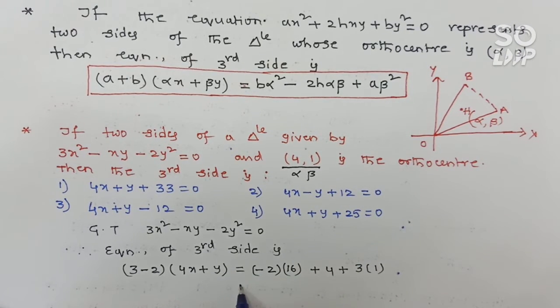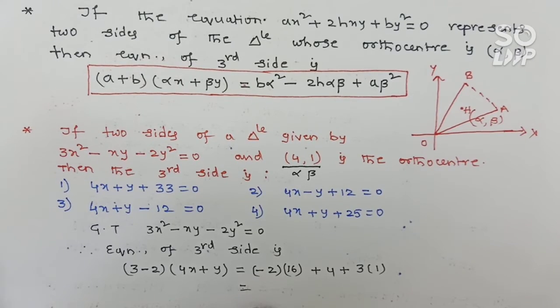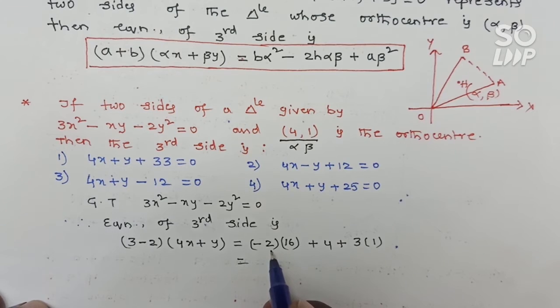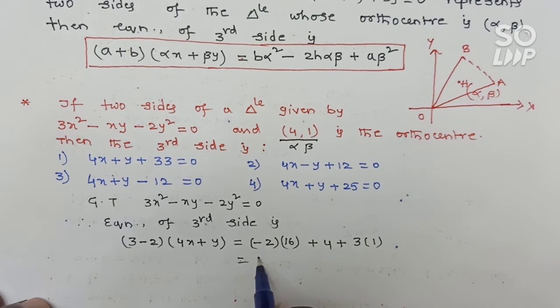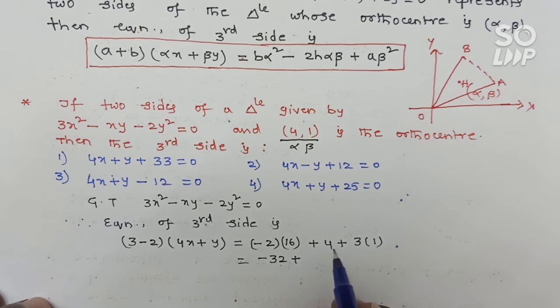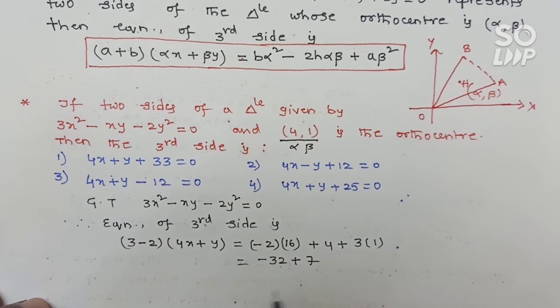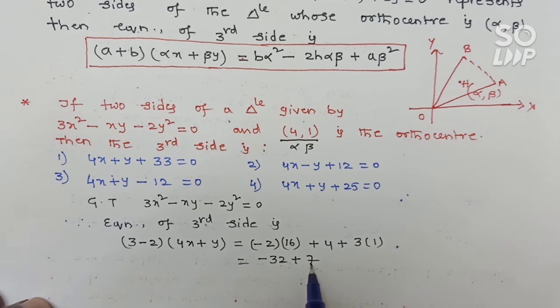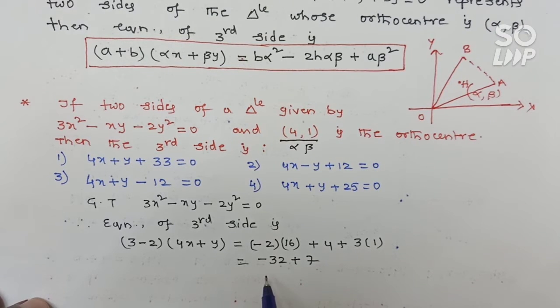Now simplify this equation. We get minus 16 into 2, that is minus 32, plus 4 plus 3, that is 7. So minus 32 plus 7 is minus 25.